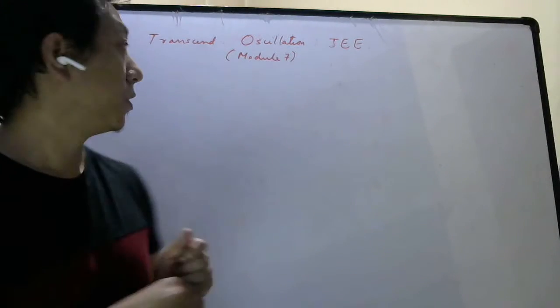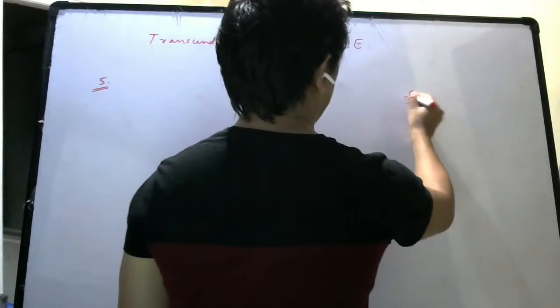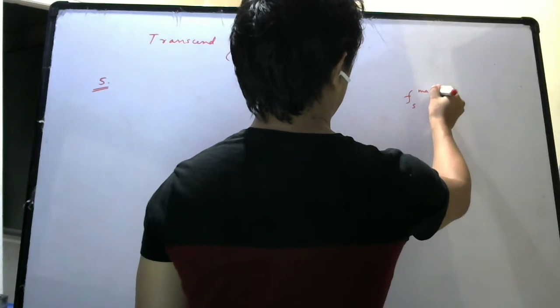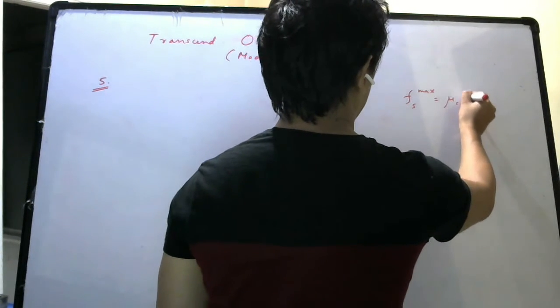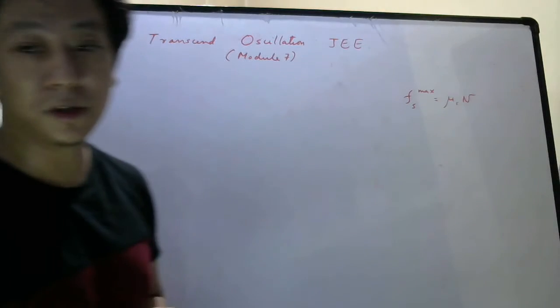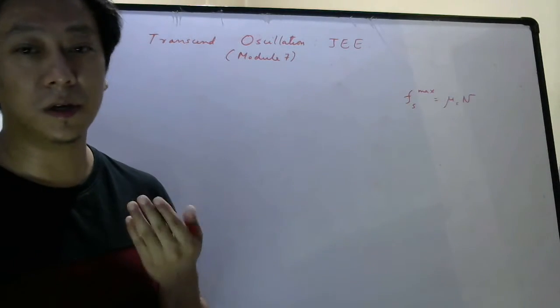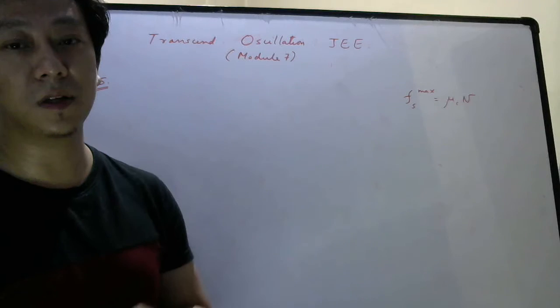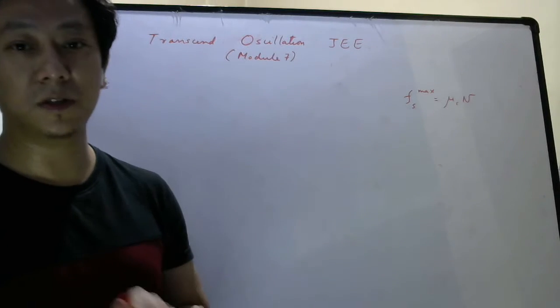Okay. And what is the maximum value of static friction? Maximum value of static friction is mu s into n. Mu s is the coefficient of static friction, and n is the normal force or normal reaction between the two surfaces which are in contact.